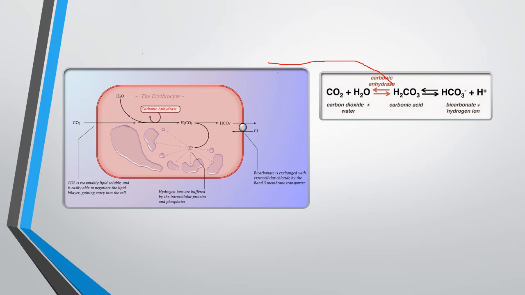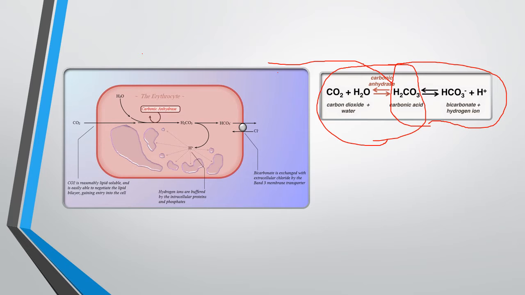Next, if you see this equation, you'll be able to understand how it works. I'd like you to split this equation into two. This is one equation, and this is another equation.